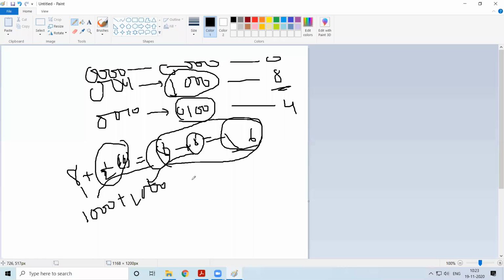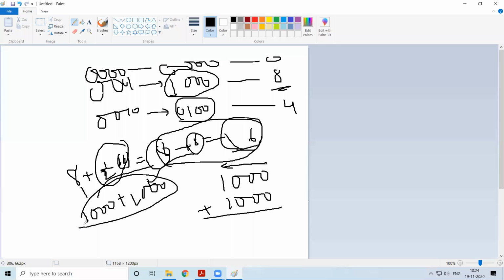So here we are not following the regular addition method. This is 8 and this is 8. Now we add. In regular addition, you start from the LS bit and move in this direction. But for bit reversed addressing, you change this direction.